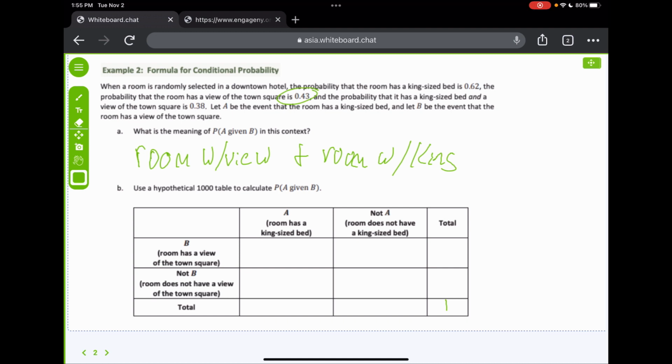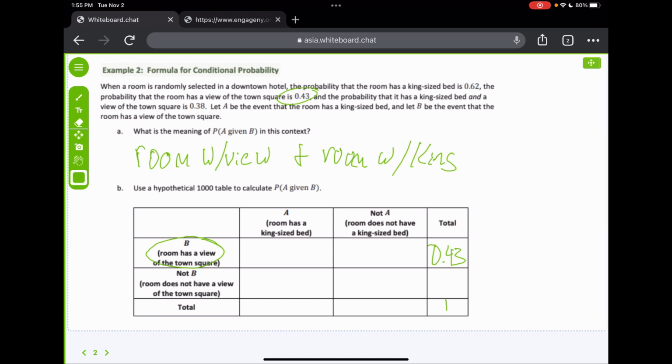We'd say that would be here. It has a view of town square, so we're going to write that in as 0.430. I'm sorry, that is not where that goes. That would go over here in the total. Okay.